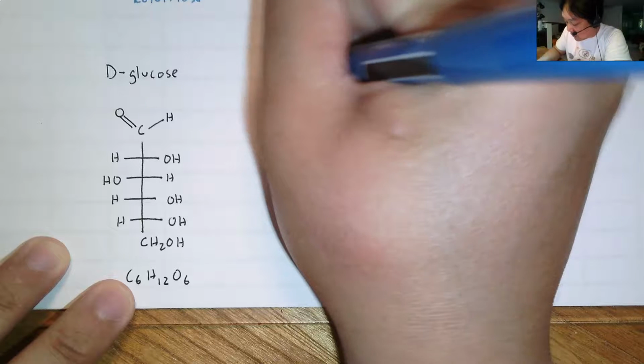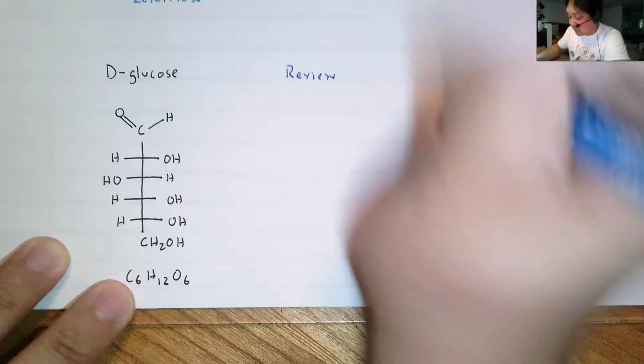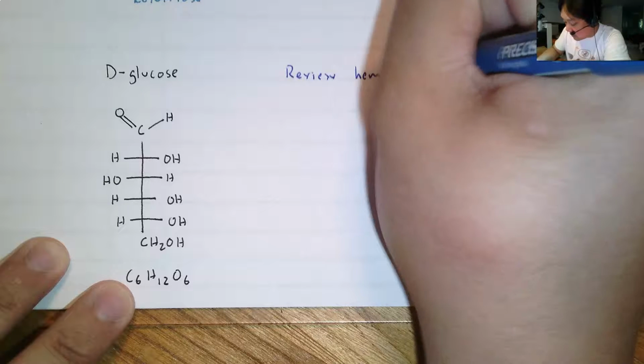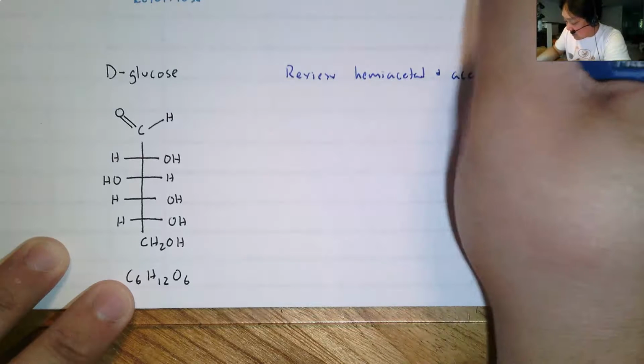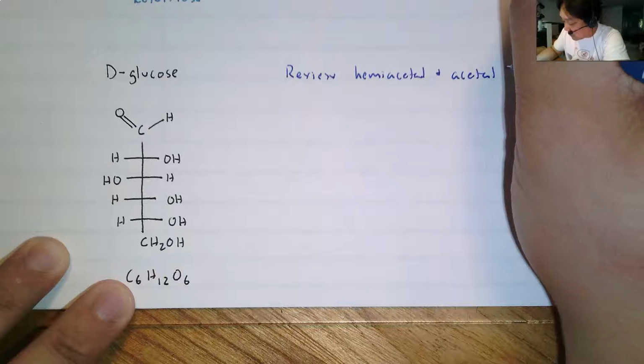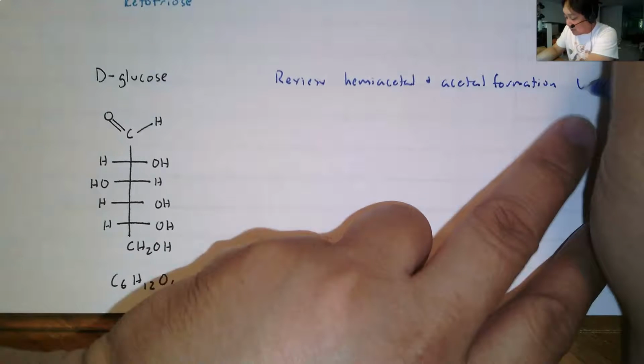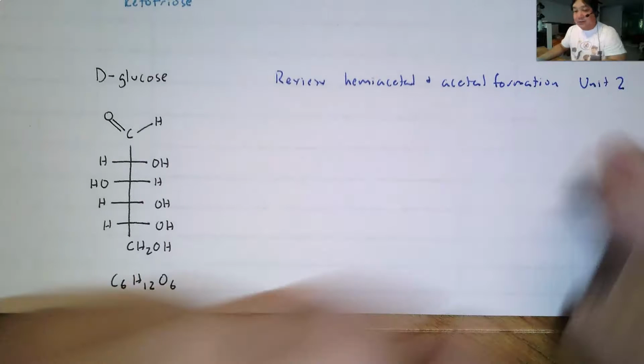So we're going to review, not in this video actually, I don't want to jump too far ahead, review hemiacetal and acetal formation. I cover those in Unit 2, the unit preceding this one.